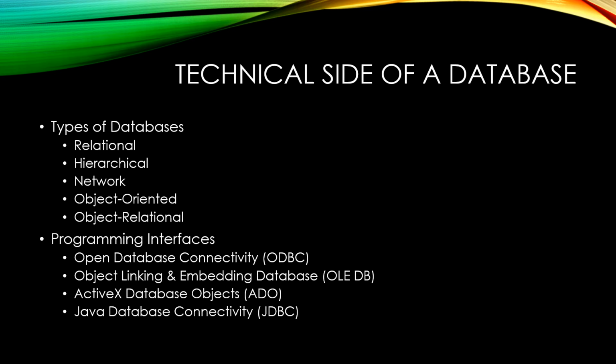Object Linking and Embedding databases have data components that are separated and run as middleware on either the client side or the server side, and provide access to low-level interfacing across various databases. ActiveX Data Objects is an API that allows back-end access for applications. And then Java Database Connectivity, or JDBC, is an API that allows for communication between a Java application and an actual database.